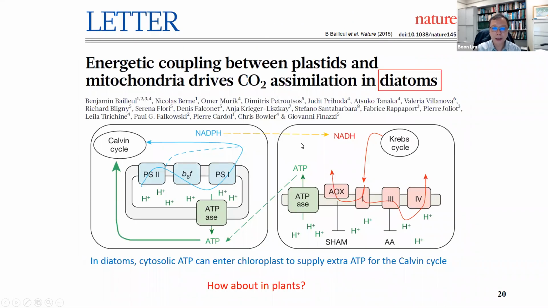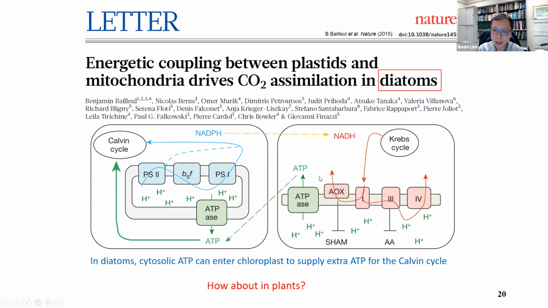So in this paper, in the diatom, they suggest that surplus NADPH can be exported from the chloroplast into the cytosol and then imported into the mitochondria through the malate-OAA shuttle. And the NADH can be consumed by the mitochondrial electron transport chain to generate ATP.